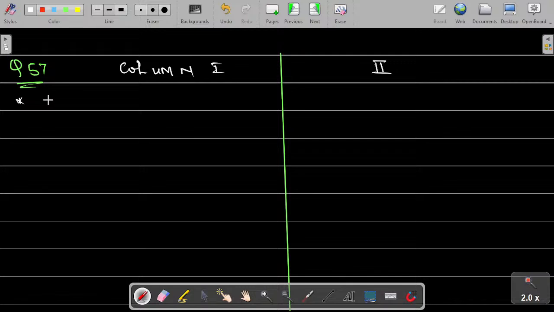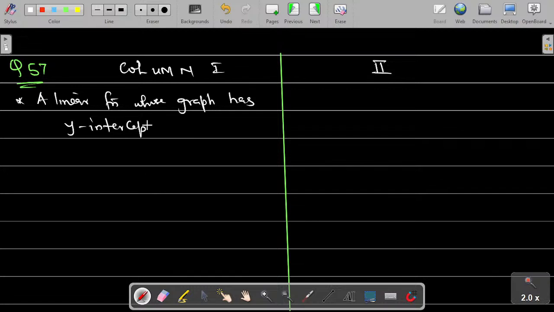All right, so the first thing they wrote there, maybe I can use something to denote it. Okay, they said a linear function whose graph has y-intercept. We would need to write out everything they wrote here so that we can do the matching. Okay, so y-intercept 0,6.